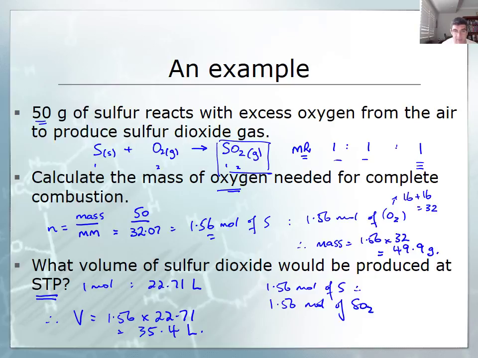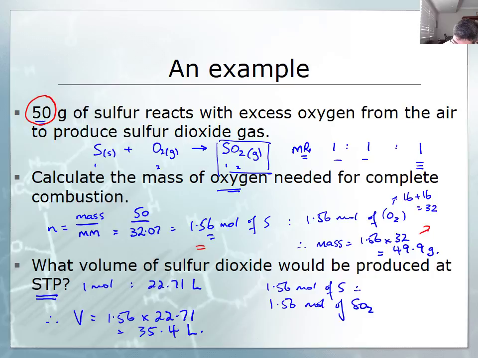Now, one other quick point that I'll leave you with is that when we're doing our questions in chemistry, we need to look at our number of significant figures. When I go back to my original question, the only information I have is 50, which is actually one significant figure. So when I'm going through my calculations, it makes little sense for me to do too much simplifying or rounding too early.